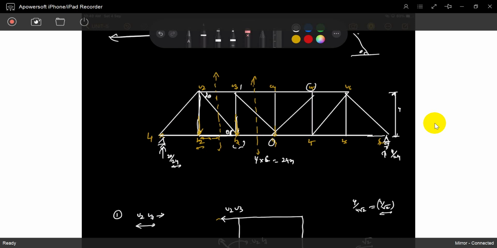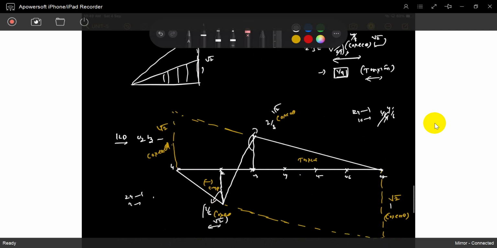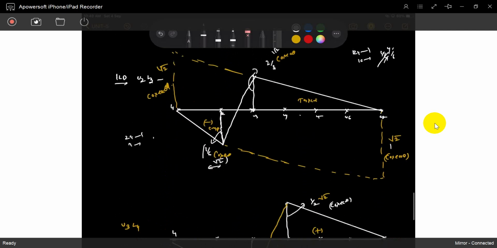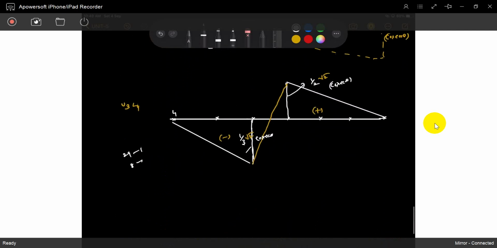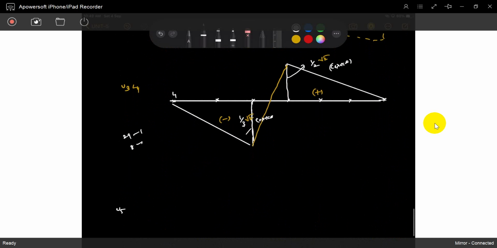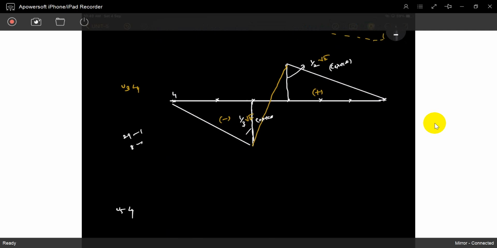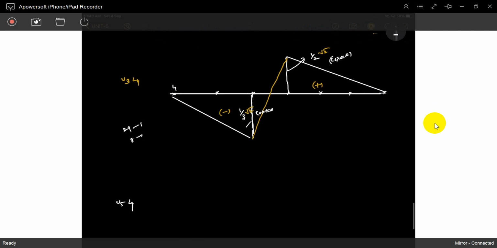Now it is U5 L4. So how can you write it down? U2, U3, U4 are just avoided. U5, L4, you can develop it. Otherwise, if you know one diagonal, say the exact replica, exactly opposite.